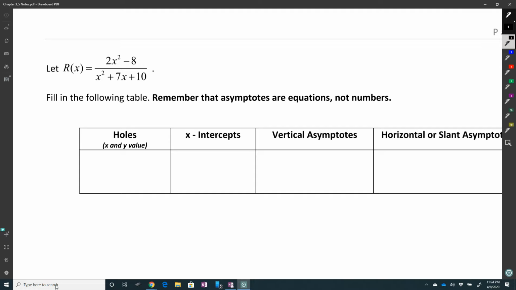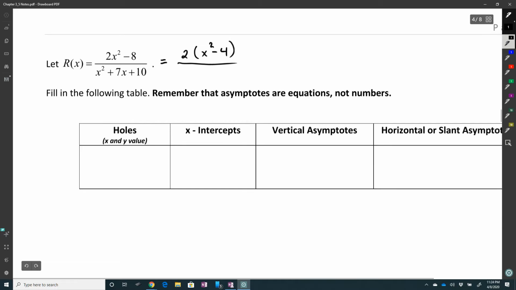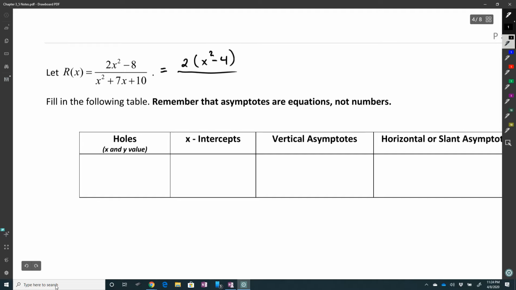So our first task is going to be to try to simplify this thing. So we have 2, I can factor 2 out of the top, and on the bottom, I can factor that into x plus 5, x plus 2, because 5 plus 2 is 7, 5 times 2 is 10.